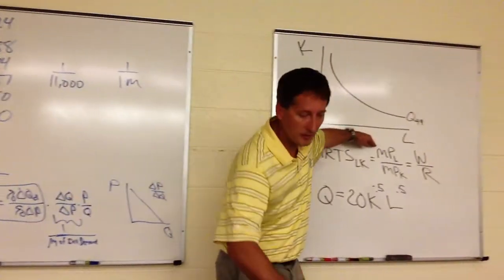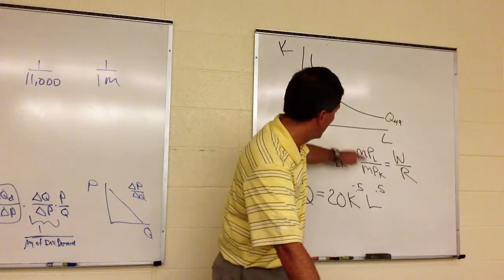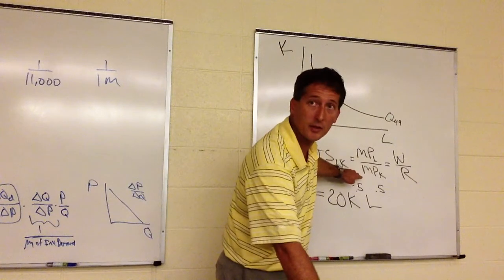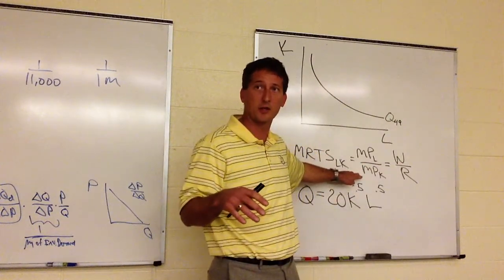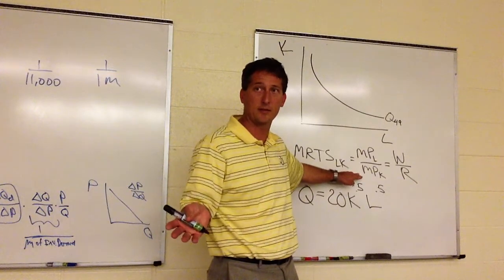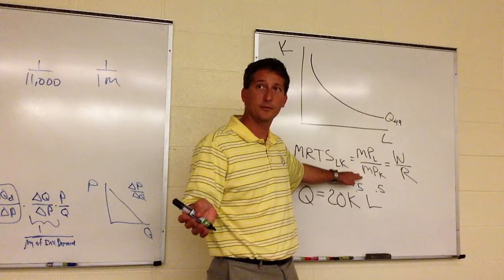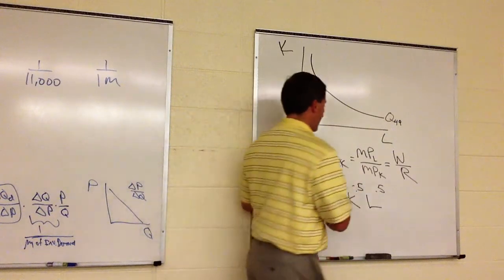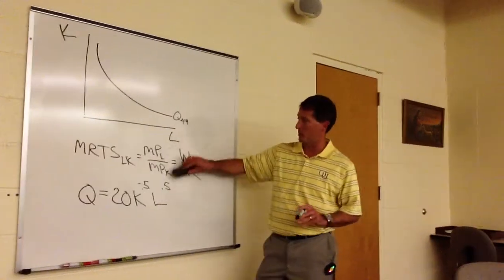Marginal product of labor was given to us in the problem, 10K over L. Marginal product of capital is also given to us. So that's where we're going to be collapsing down the functions. Are you okay with that? So all you do is take this one step further, take those and put them over.